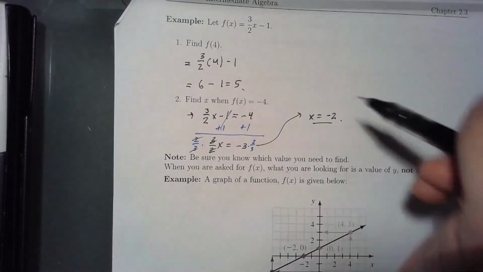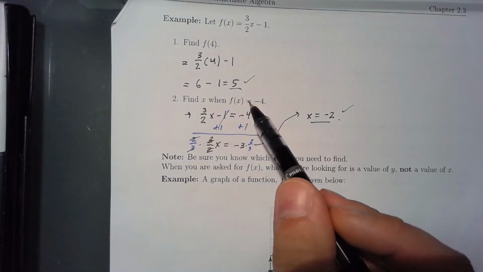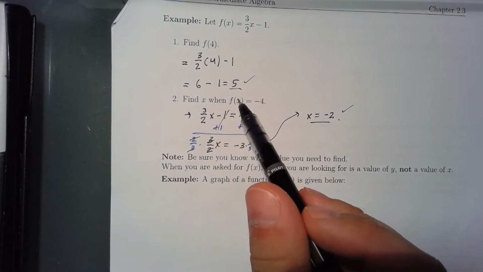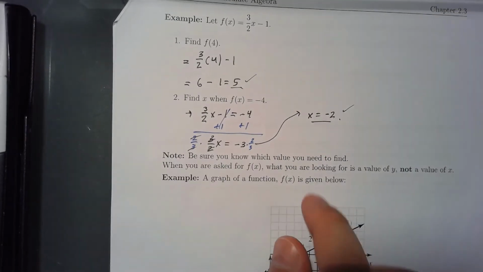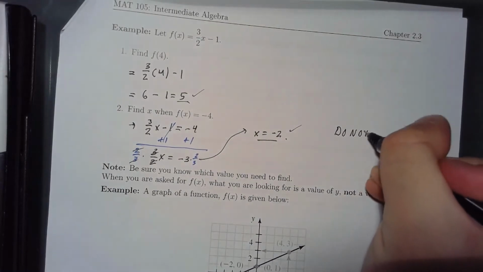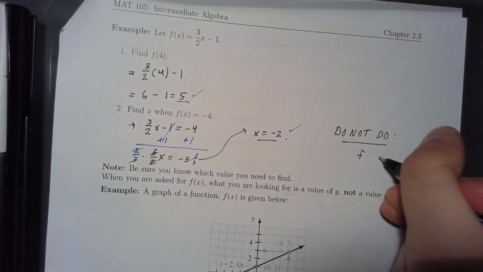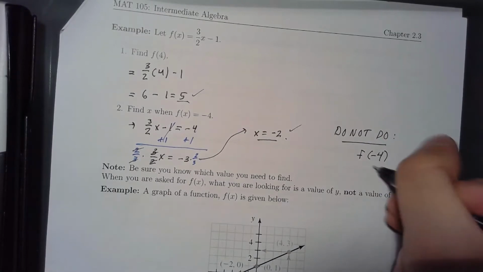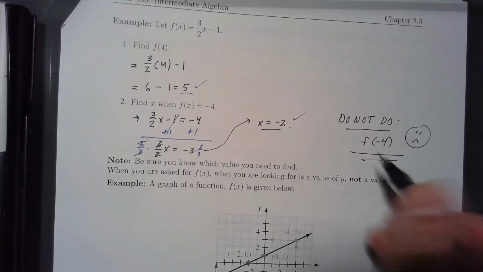So in this problem right here, when you're finding x, you want to set the function equal to the desired output and then solve for x. Do not do this. That's a frown face. Don't do that.